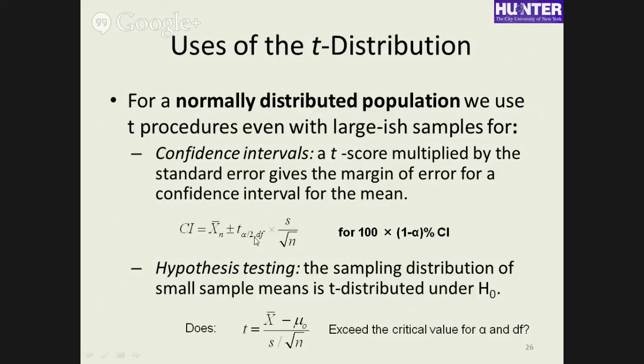And here is where the n-1 will come in, in looking up this critical value of t from a table. So this t is something that you'll look up in a table. We'll use t for doing confidence intervals today, and we'll use it for hypothesis testing next class.